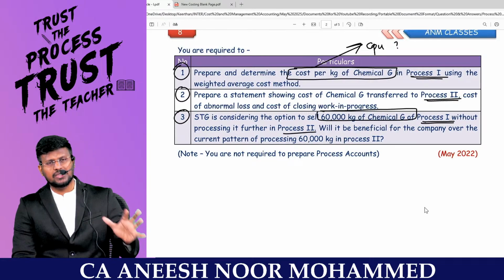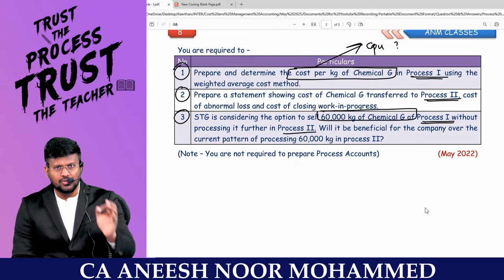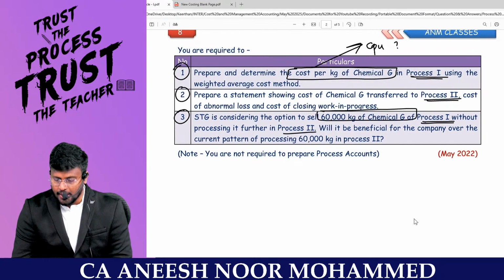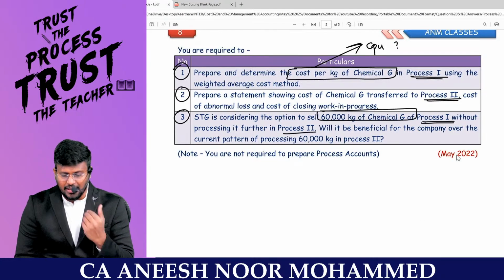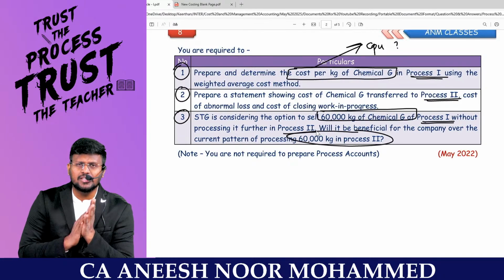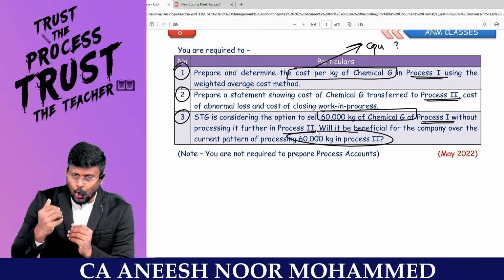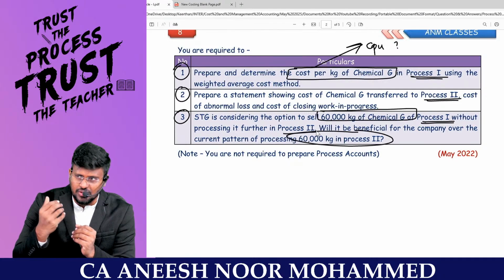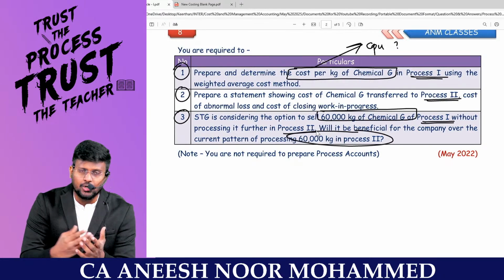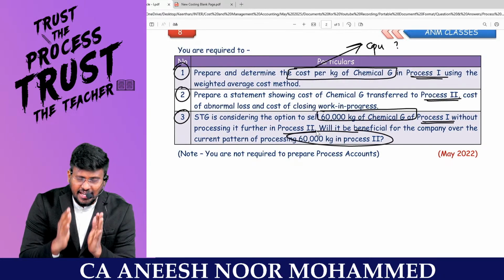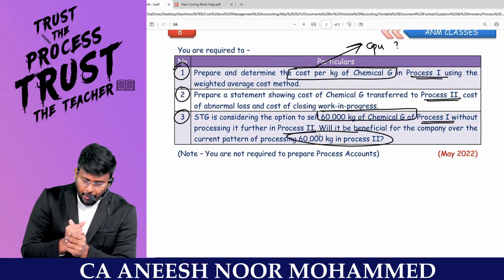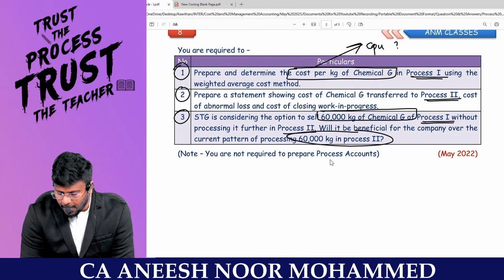If that is the case, will it be beneficial for the company over the current pattern of processing 60,000 kg in process 2? If they process 60,000 kg in process 2, what will be the profit? And instead of further processing, if they sell at the end of process number 1 itself, what is the profit? You are not required to prepare the process account.